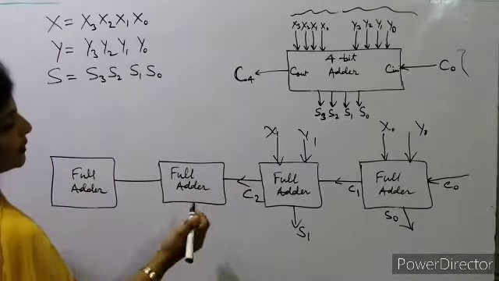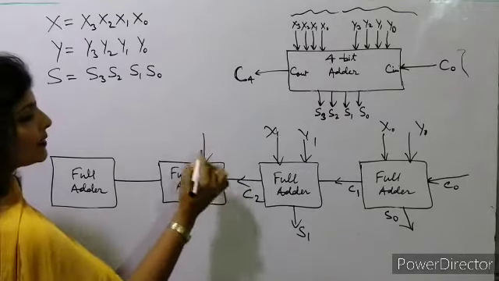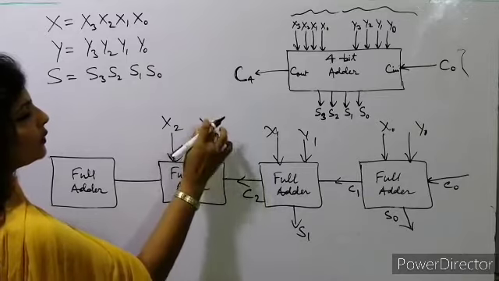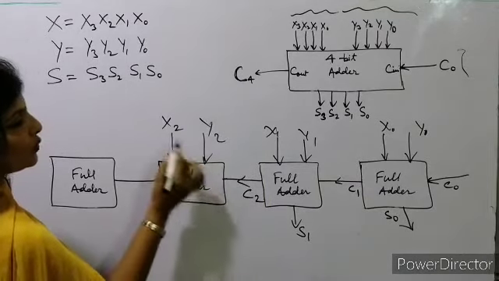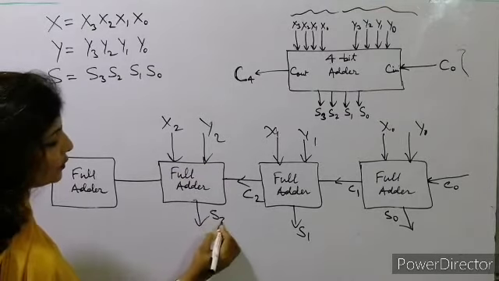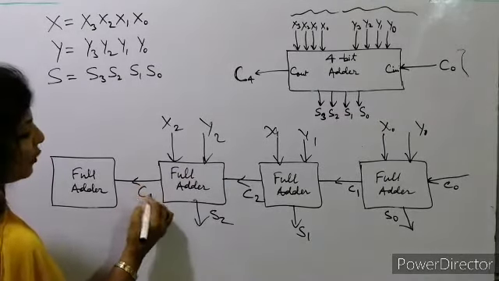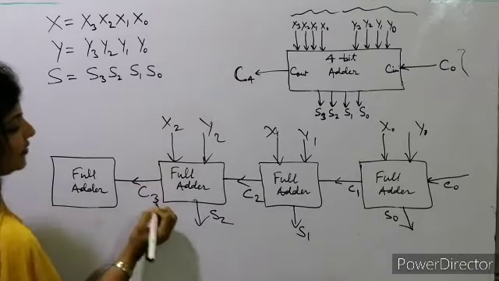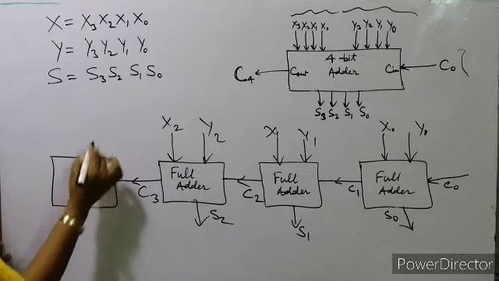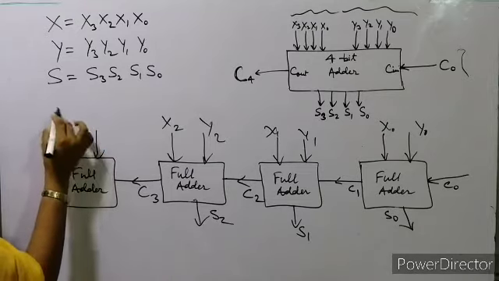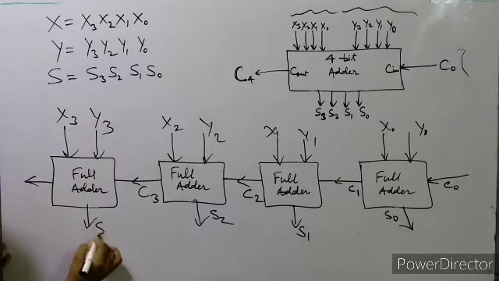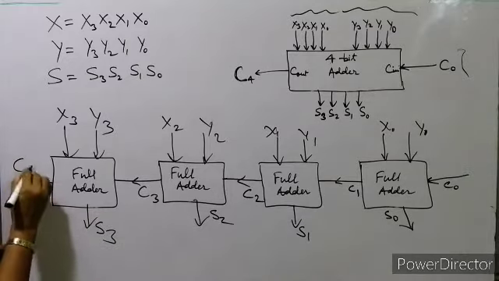For the next bit it will act as carry in, so the inputs are x2, y2 and c2, and the 2 outputs are s2 and c out, which will be c3. Now c3 will act as carry in for the fourth one, with inputs x3, y3, and the outputs will be s3 and c4.